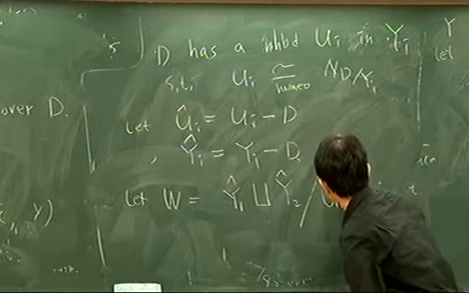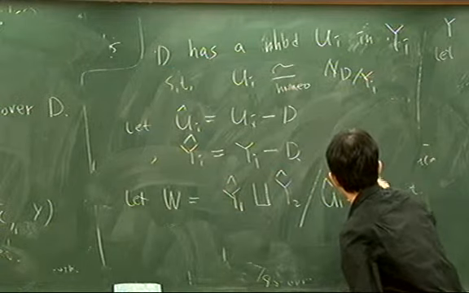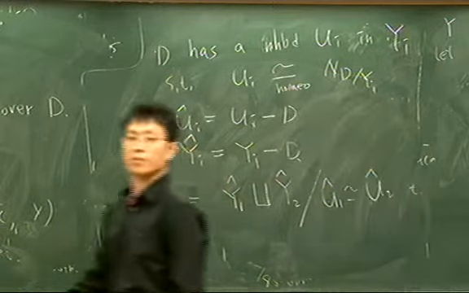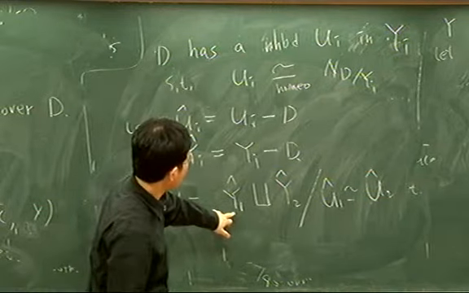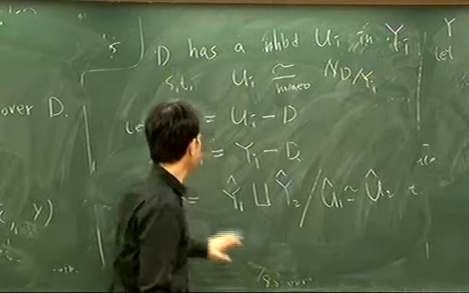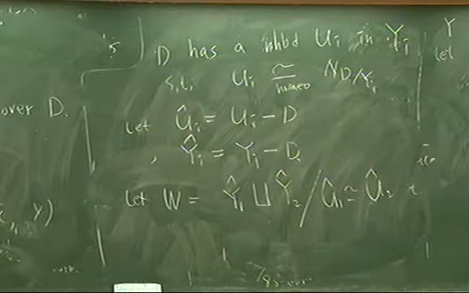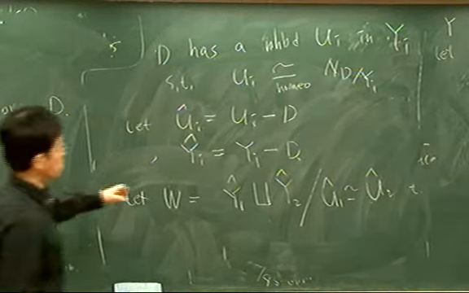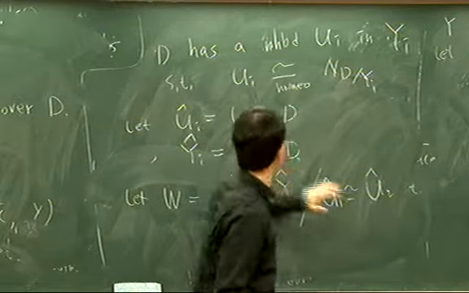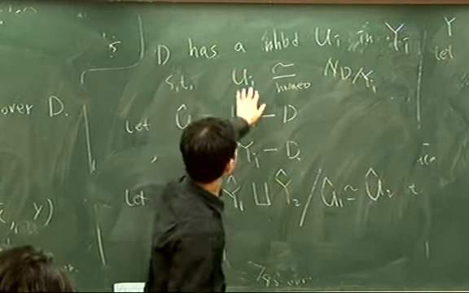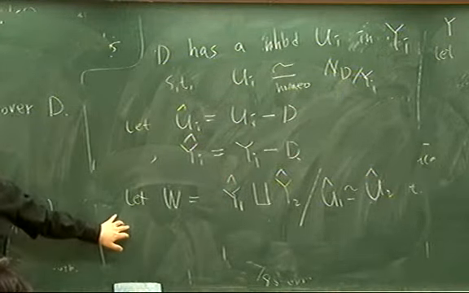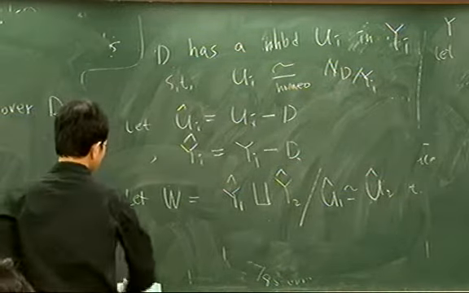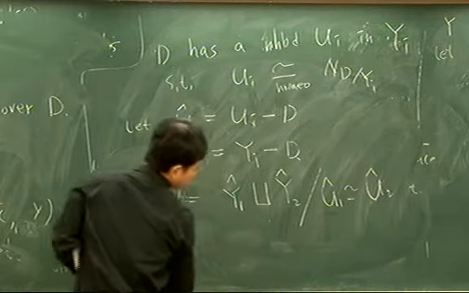So U1 hat, U2 hat. This one contains U1 hat, and this one contains U2 hat, and by this homeomorphism, there is a homeomorphism between U1 and U2, because this is homeomorphic to this one. And now this is a compact threefold. Actually, not complex, this is a compact 6-dimensional manifold.